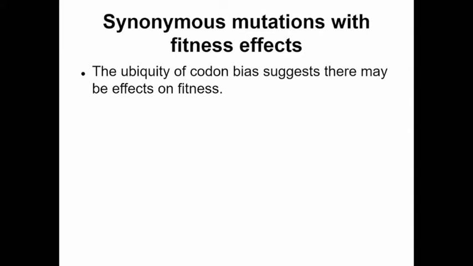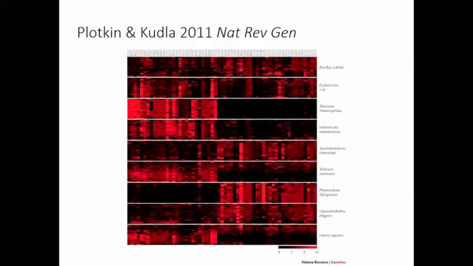The particular codons that tend to be used show biases depending on what organism you're looking at. And it has been suggested that this may be due to selective effects.